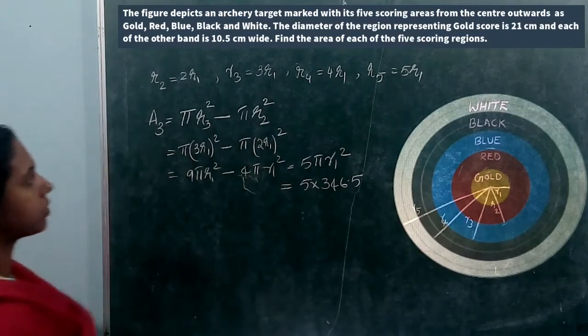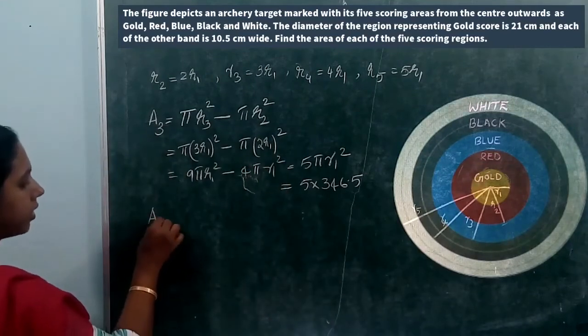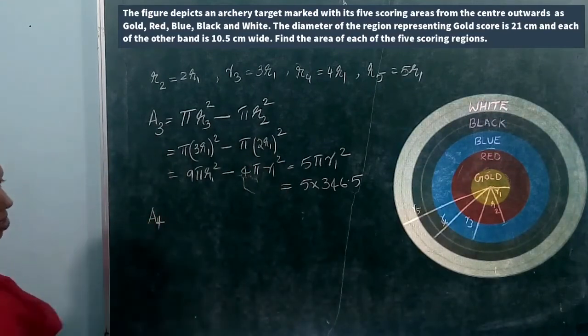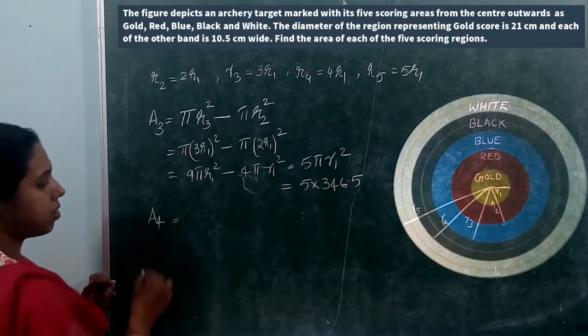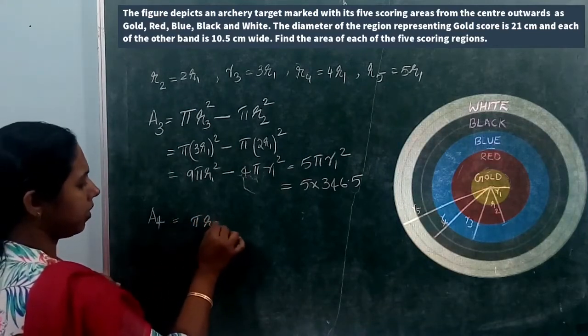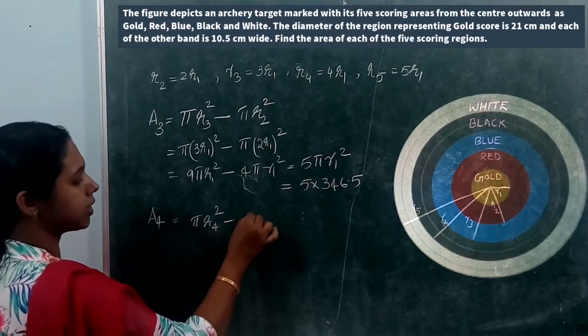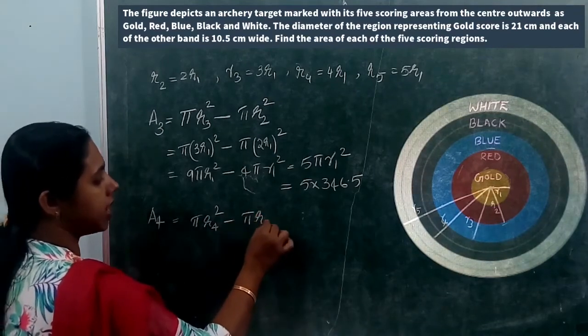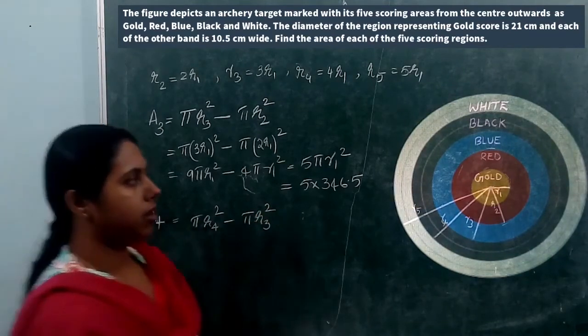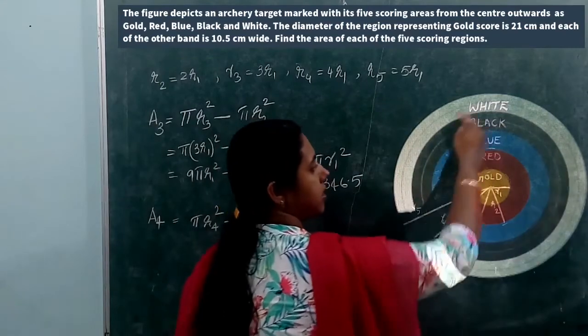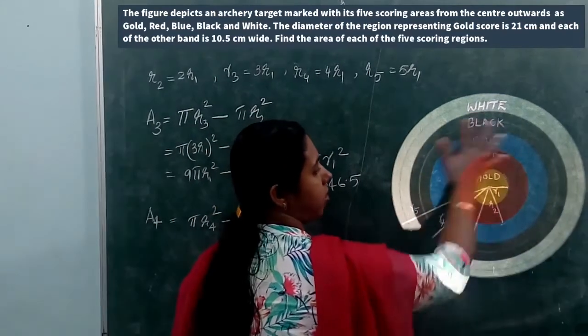The same way next we can find the area of the fourth region, that is black region. So that will be equal to pi r4 square minus pi r3 square. This is the big circle minus this whole circle.